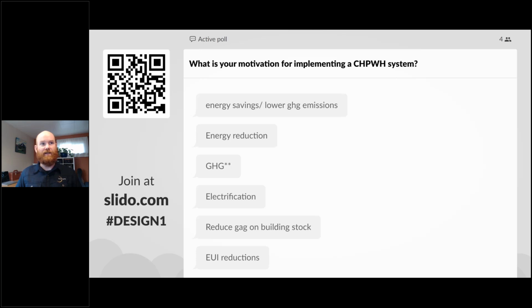Energy reduction, yep, excellent way to reduce your energy in the building. Energy savings, lower greenhouse gas emissions, fantastic. Glad you're all thinking along those lines, and future-proofing your buildings.